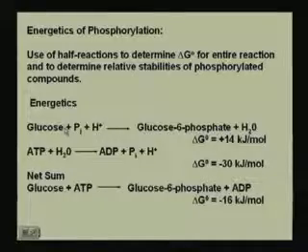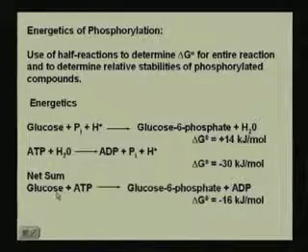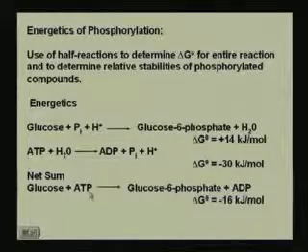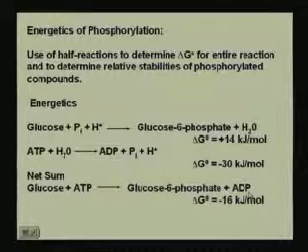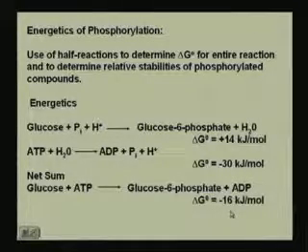So we use the half reactions to determine the delta G zeros for the whole reaction. Okay. And we have therefore an overall reaction that is going to be glucose plus ATP, giving us glucose 6-phosphate plus ADP with a favorable standard free energy change that we have here.